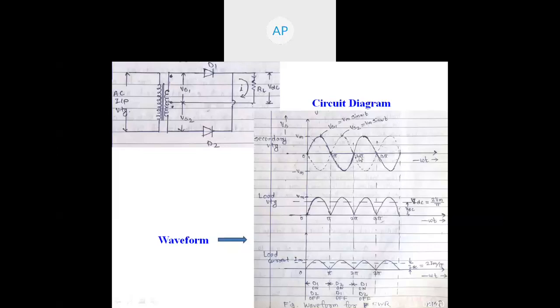What about the interval of pi to 2 pi? During the interval pi to 2 pi, D1 is off. It is internally open, so this track will be open. So this input is not applied here, but this input is applied.